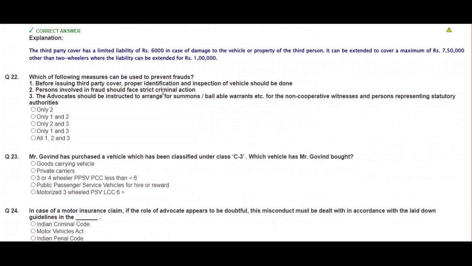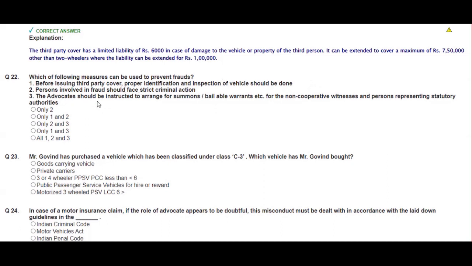Which of the following measures can be used to prevent frauds? Before issuing third party cover, proper identification and inspection of the vehicle should be done. Persons involved in fraud should be dealt with strictly under criminal law.